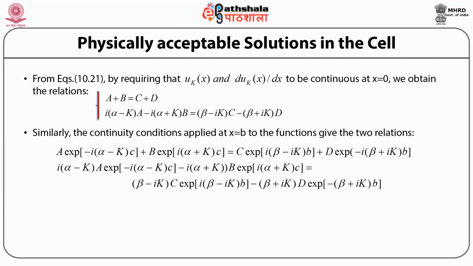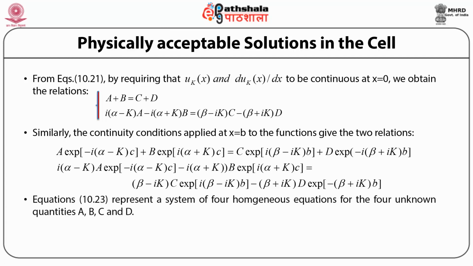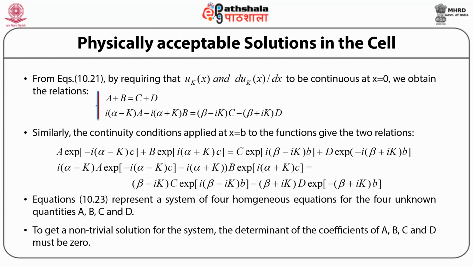where c is equal to 1 minus b. Equations 23 represent a system of four homogeneous equations for the four unknown quantities a, b, c and d. To get a non-trivial solution for the system, the determinant of the coefficients of a, b, c and d must be 0.